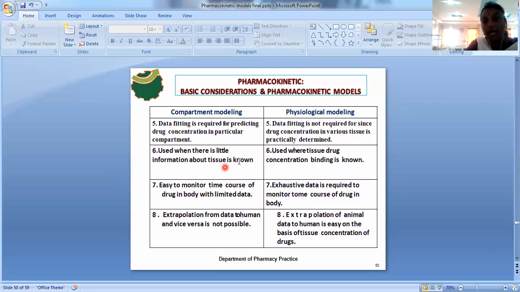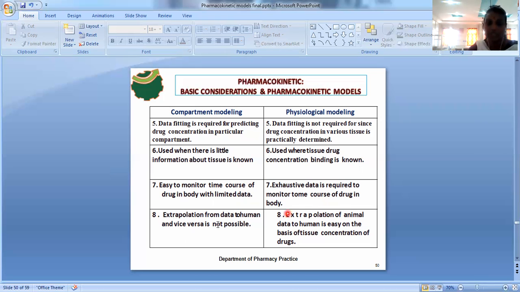But the physiological model is used when you know the tissue drug concentration, binding or other biological parameters. In the compartment model it is easy to monitor the time course of the drug in the body with limited data, but here an exhaustive process is required to monitor the time course of the drug in the body.